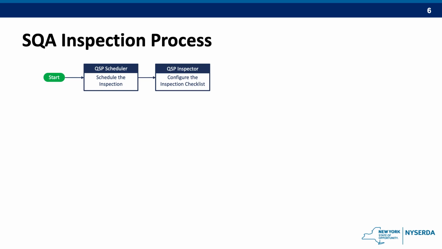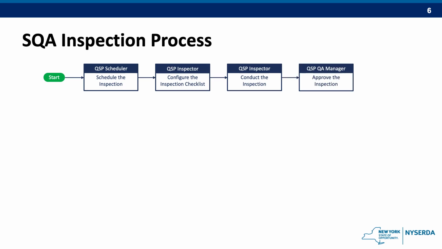Checklist configuration will depend greatly on the type of installation performed by the contractor or builder. The inspector then conducts the inspection and documents the results on the inspection checklist, submitting the final inspection to generate an inspection report. Once the inspection is submitted and the report generated, the QSP/QA manager will review and approve the inspection.